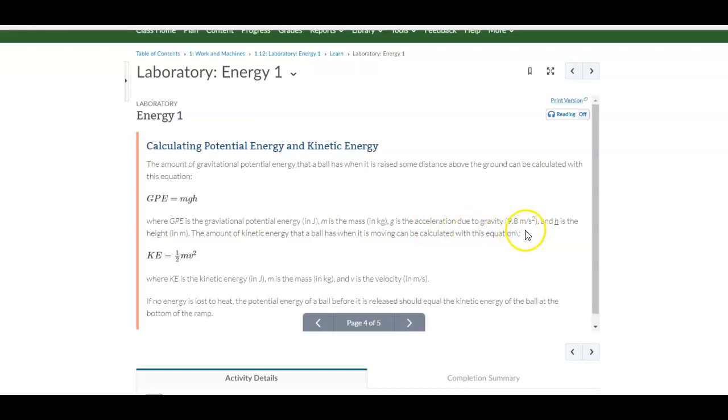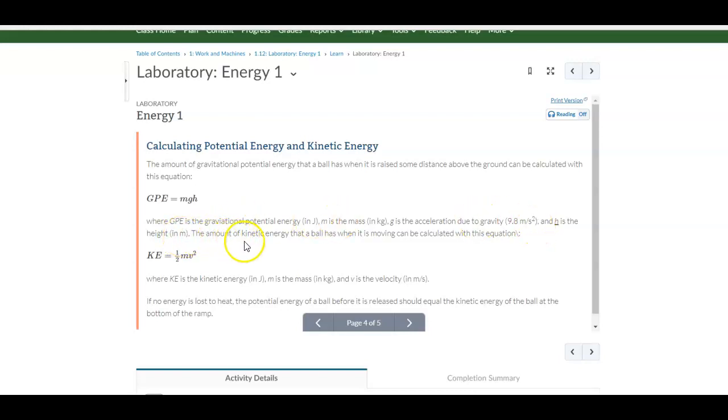In every problem that you work solving gravitational potential energy, the g in the middle right here is going to be this number, 9.8 meters per second squared. Okay, so always the same. And the h is going to be the height in meters. So make sure you notice those units of measurement: kilograms, meters per second squared, and height in meters.